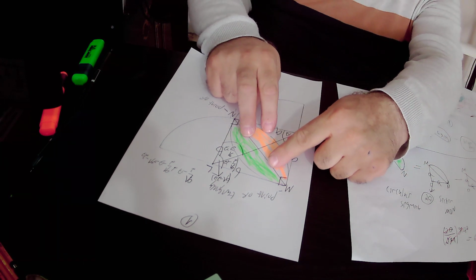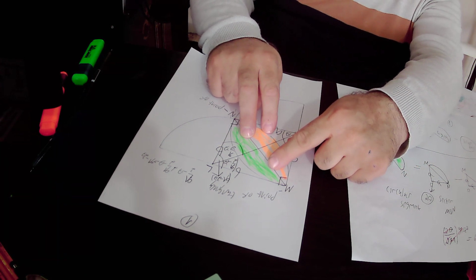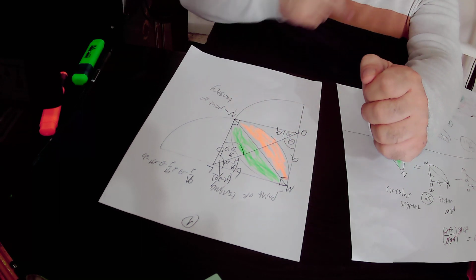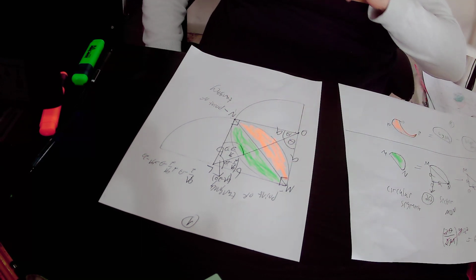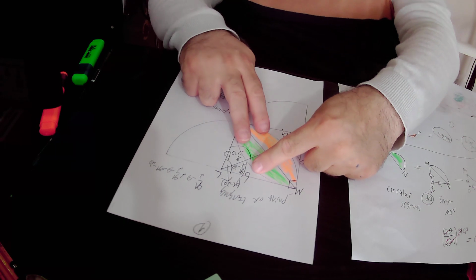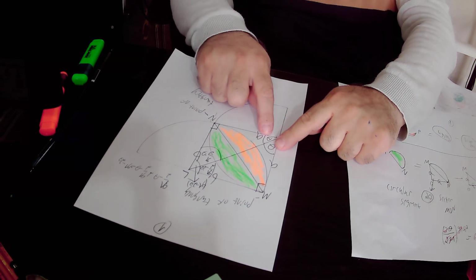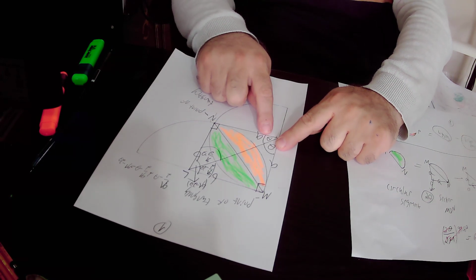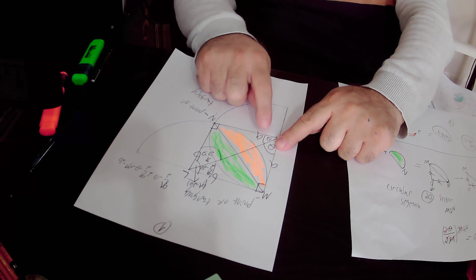Therefore those two triangles are congruent according to the SSS rule. From the fact that those two triangles are congruent, we conclude that those two angles are also equal to each other, according to the rule that corresponding angles in congruent triangles are equal.